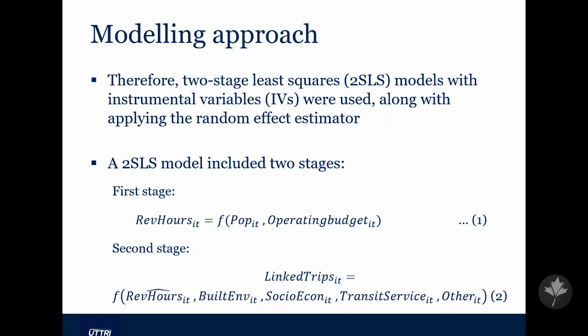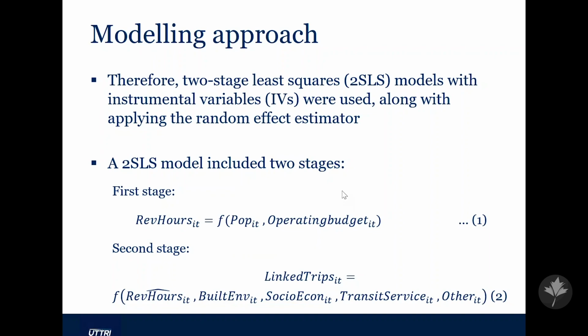And then we use that variable, the revenue hours, as an independent variable in the second model. The second model is the demand model, which predicts the number of linked trips for an agency as a function of the revenue hours, the built environment factors, socio-economic factors, transit service factors, and other factors. So this structure takes care of this issue of simultaneous supply and demand.